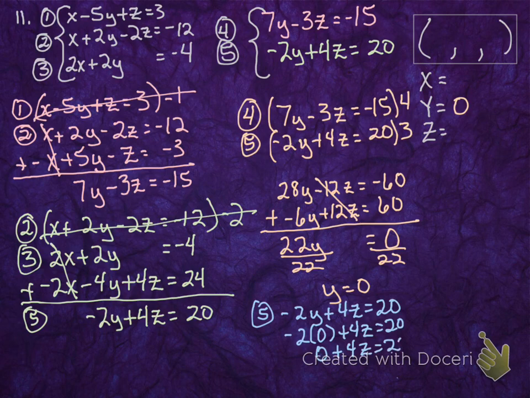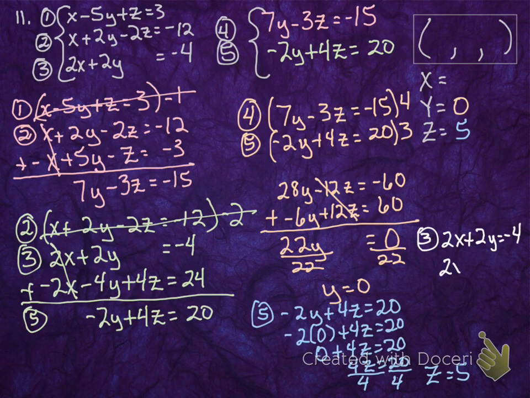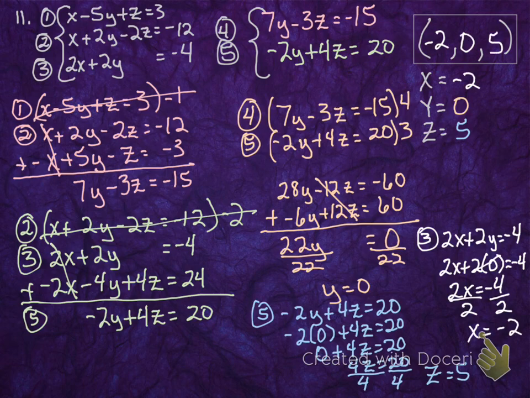Z is equal to 20 divided by 4, so z is equal to 5. Plug that y into problem 3 to get my x. And I get x is equal to -2. Final answer, -2, 0, 5.